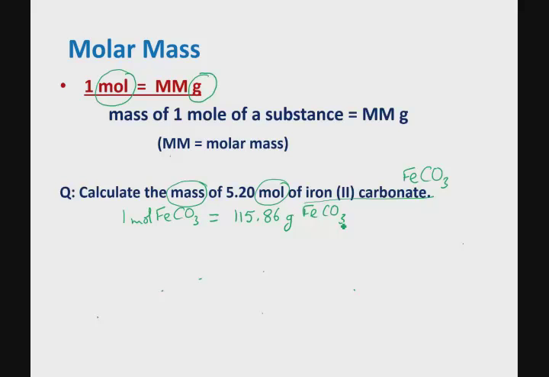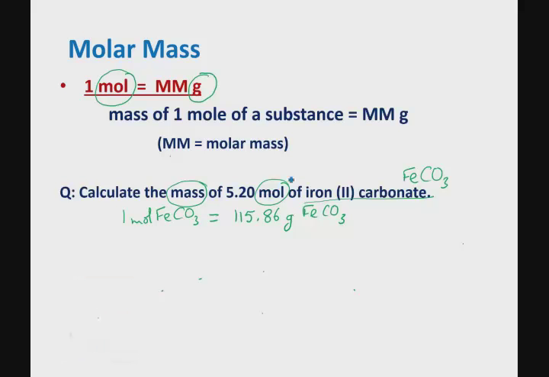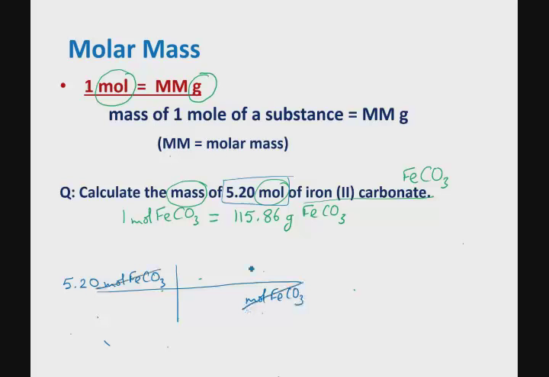Okay, so now we are ready to set up this equation where, as always, we are going to start with what's given and needs to be converted. In other words, 5.20 moles of FeCO3 needs to be converted to grams of FeCO3, meaning moles of FeCO3 goes on the denominator, so you can cross it out.